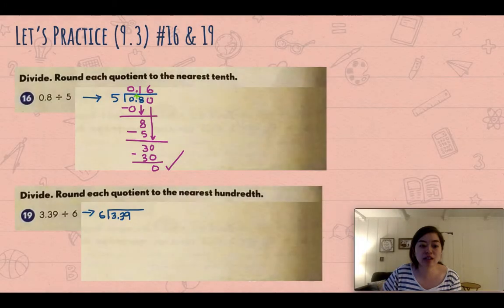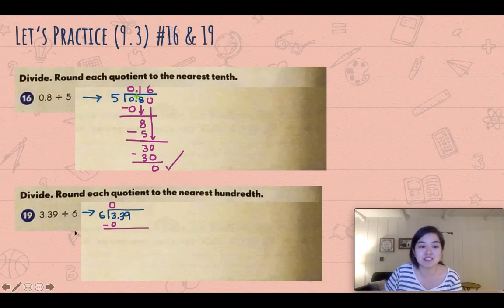Number 19, I wrote 3.39 divided by 6 as long division like this. Okay, so 6 times what gets me to 3, or close to 3 without going over? That's just 0. Okay, so 6 times 0 is 0, so I'm going to subtract 0, and I get 3 here.